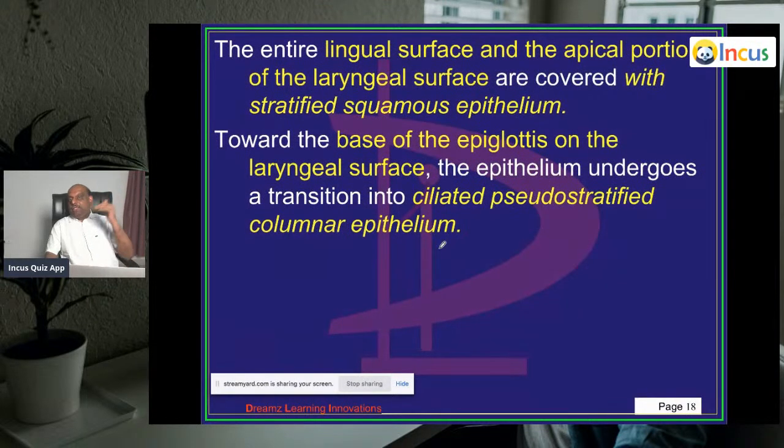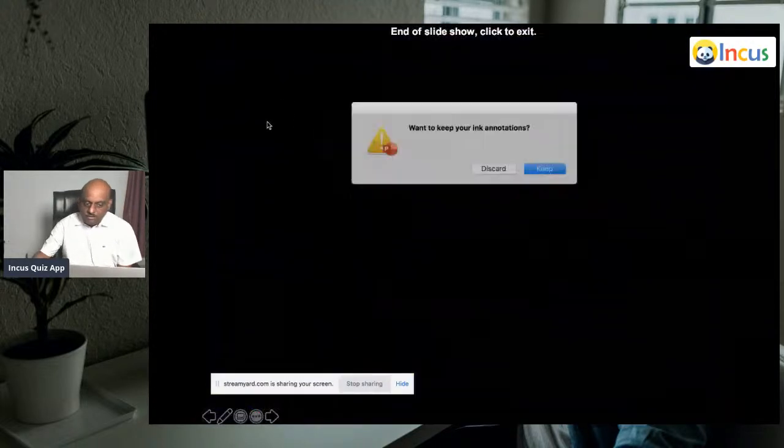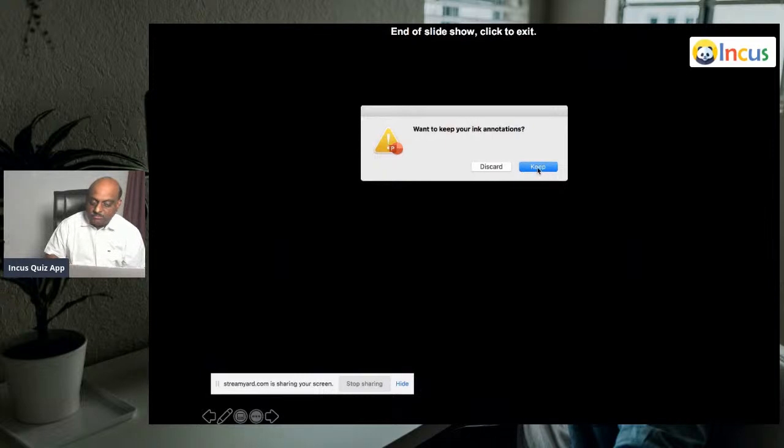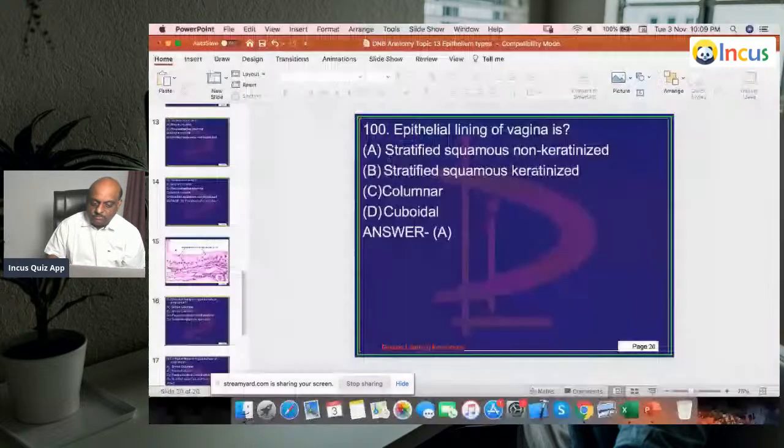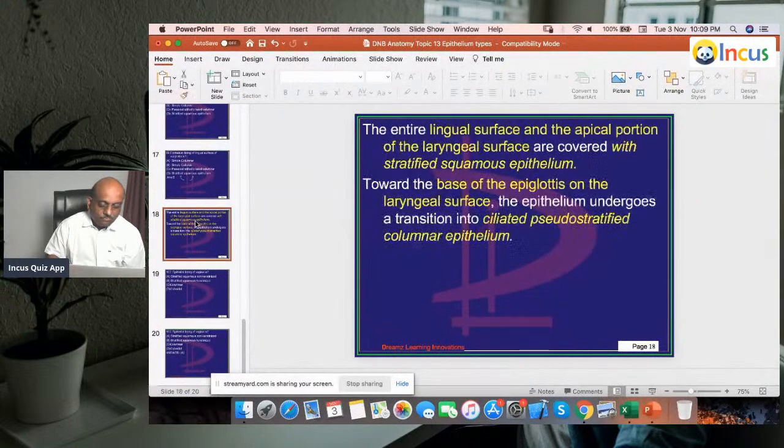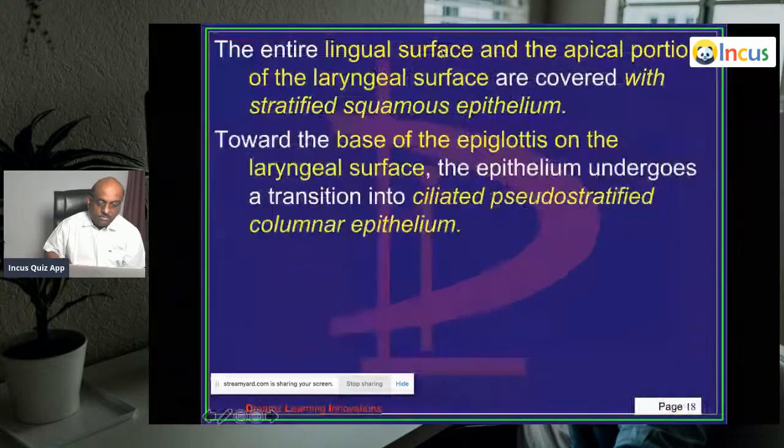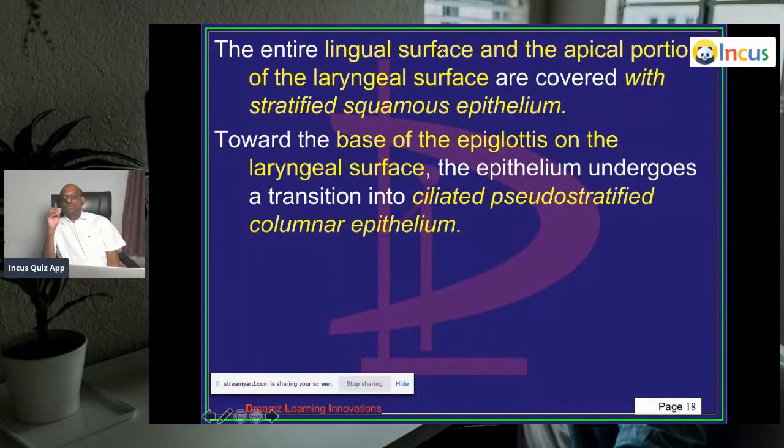So the entire lingual surface of the apical portion is covered with stratified squamous epithelium, whereas towards the base of the epiglottis, where you have the laryngeal surface, it is ciliated pseudo-stratified columnar epithelium.